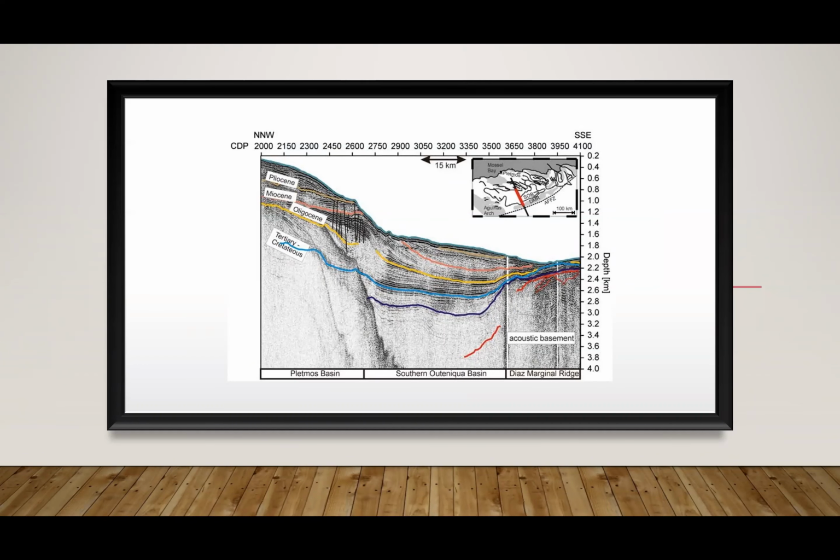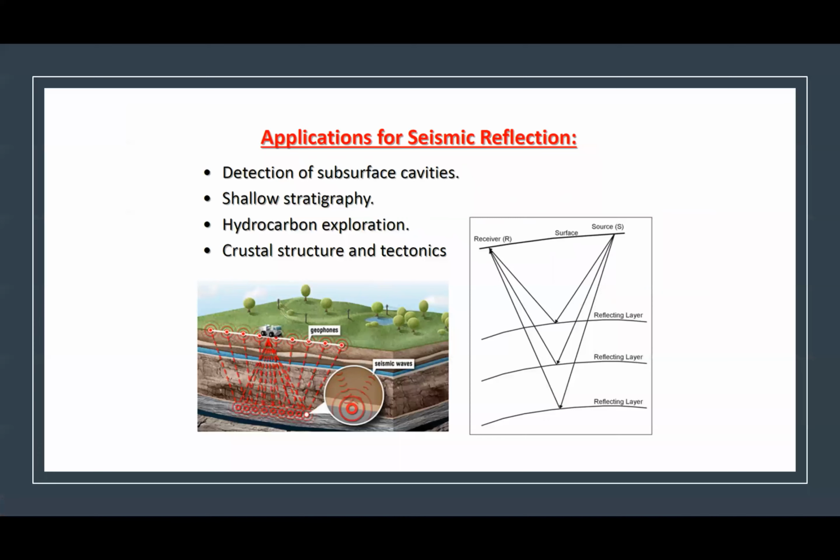Placing each reflection point in its proper place in the subsurface requires intense and complicated processing of the collected information. Some of the applications used for seismic reflection are to detect subsurface cavities, for shallow stratigraphy, for hydrocarbon exploration, and for crustal structure and tectonics.